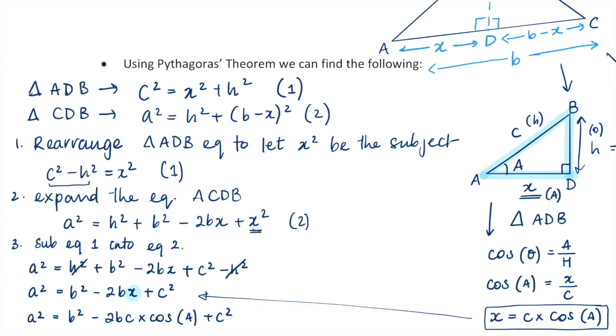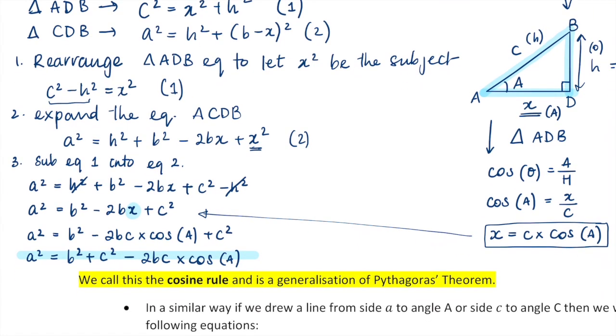I'm going to rearrange this a little bit more to make it look nice and tidy. So b squared plus c squared minus 2bc times cos of a. This particular rule that we've just proven is called the cosine rule, and this is a generalization of Pythagoras' theorem.